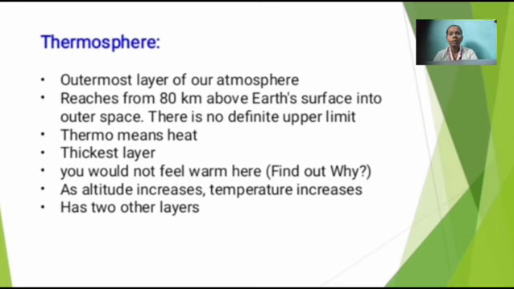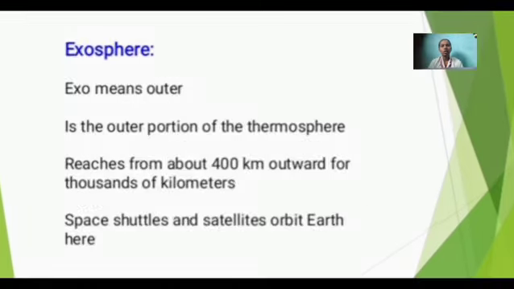Even though the temperature here rises sharply with altitude, you would not actually feel warm because the air molecules are so sparse that they cannot transfer heat efficiently to your skin. The thermosphere is divided into two important regions, the ionosphere and the exosphere.